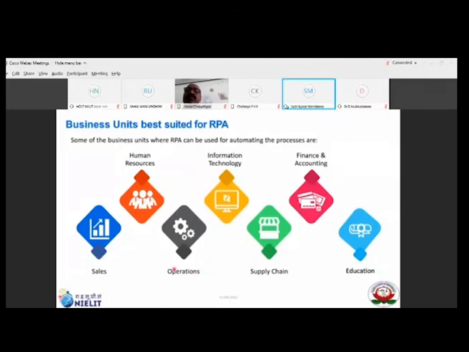Operations, again, it's kind of a little repeated, but yes, you improve operations and efficiency, because bots are going to come and help us. IT, yes, in fact, as you know, businesses these days are totally reliant on data. So the more the data, the better your understanding of your business.